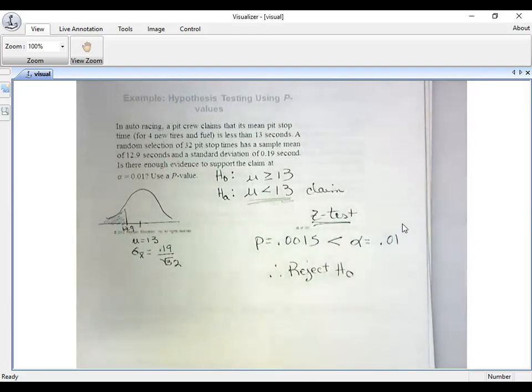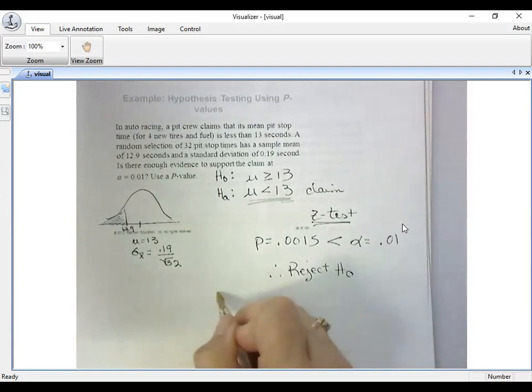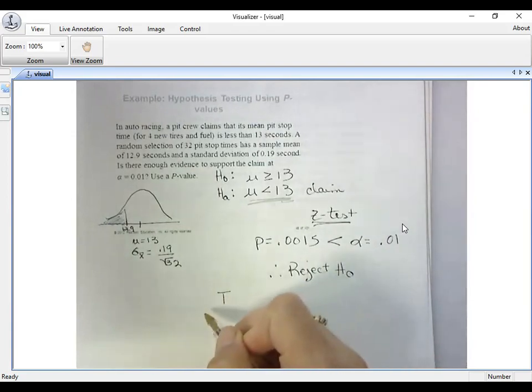Now, remember, the last thing I have to do is make a statement about the claim. So the claim showed up in which one? The null hypothesis or the alternative? The alternative. So what do you do with an HA? You support it. So tell me how to word this statement. Either there is or there is not enough evidence.